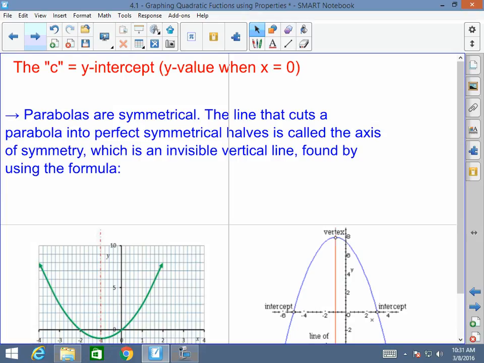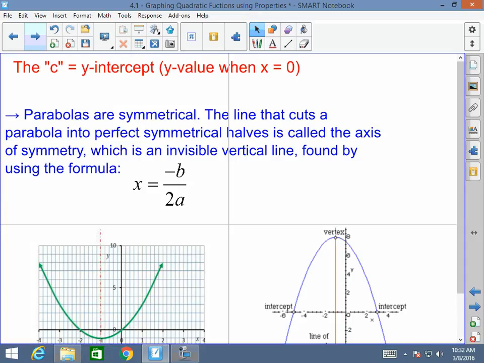And it's an invisible vertical line, and it's found by using the formula x equals negative b over 2a. So that b, which is the coefficient of x, that's the b. And the a, which is the coefficient of x squared, that's the a, and we're going to use that as well. It's an x equals equation because it's a vertical line.